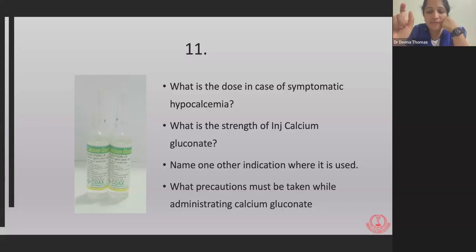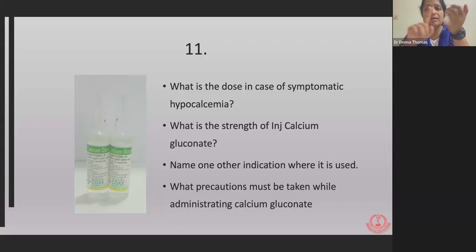What precautions will be taken while administering calcium gluconate? It should be under cardiac monitoring because bradycardia can happen. Anything else other than bradycardia? Another precaution? Very good, doctor. One very important precaution which we are very afraid of, because bradycardia you can actually see on the monitor. On the IV side, if you are giving IV calcium gluconate, you should make sure that the sisters have put a fresh cannula, or that the cannula is working very well by flushing and seeing.